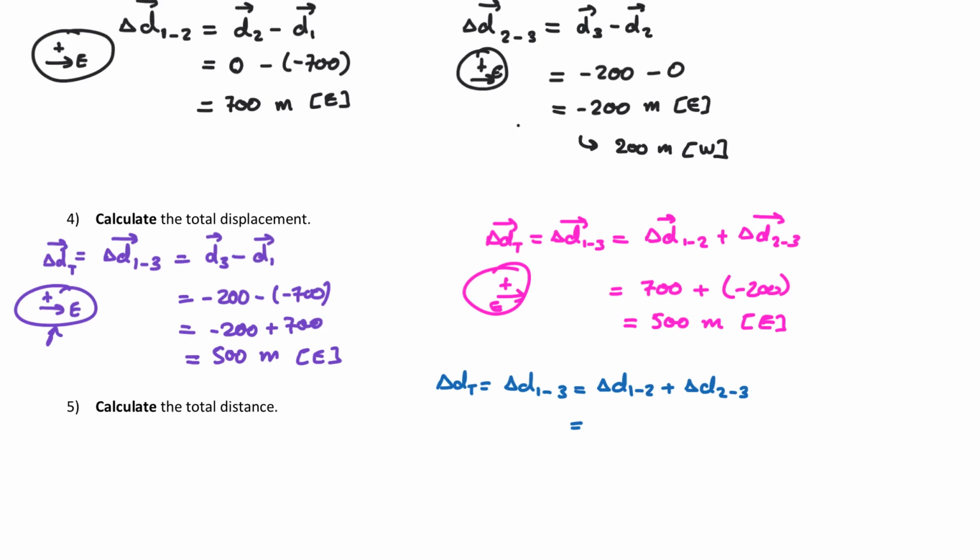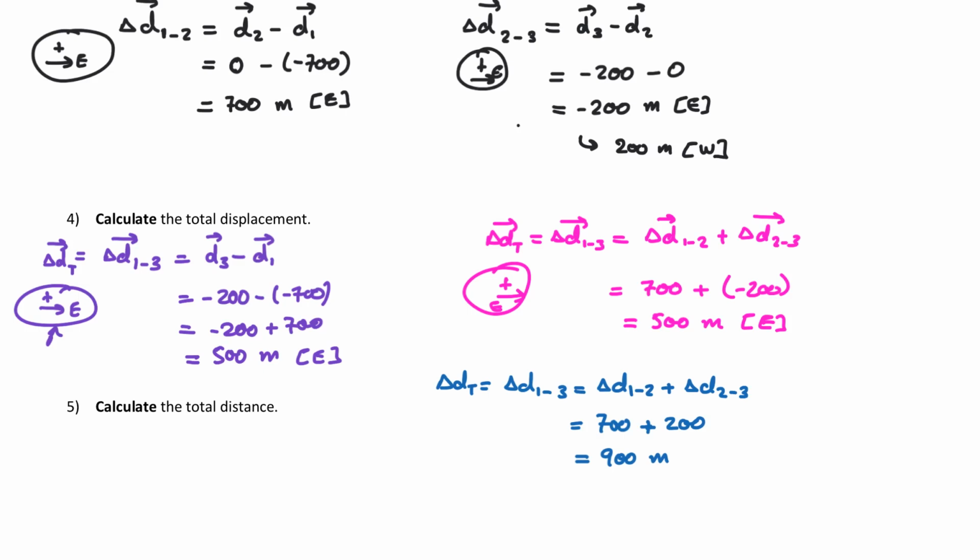So I'm just going to put 700 meters was what Mr. Shateri traveled first, and then Mr. Shateri traveled another 200 meters. I don't care about direction. I don't care about the negative sign. I'm only looking at the magnitude or the size of the amount that was traveled. So that's 200, making this 900 meters. And I don't need to include direction.